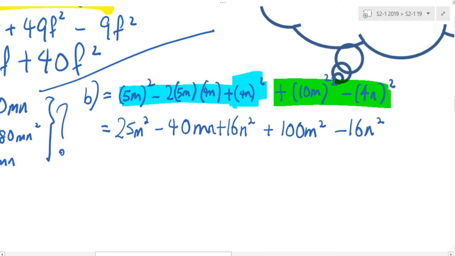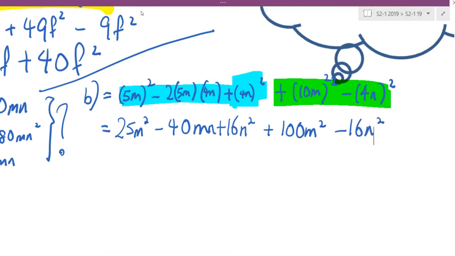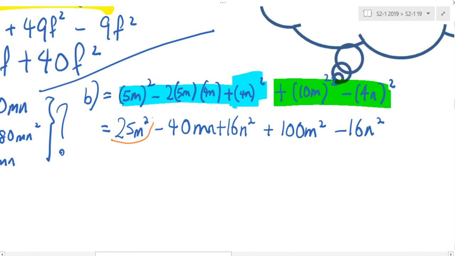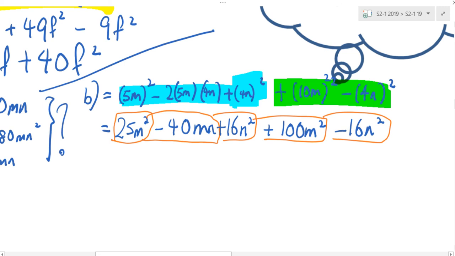Okay, good. Now, if I were you, I will take out a pencil, I will box out the terms. You see, slow and steady. You are 1 minute slower than the rest, but at least you get all the answers correct. Once you box up, it's easy to visualize. Group the same thing together. M square. Any other m square? 100, right?